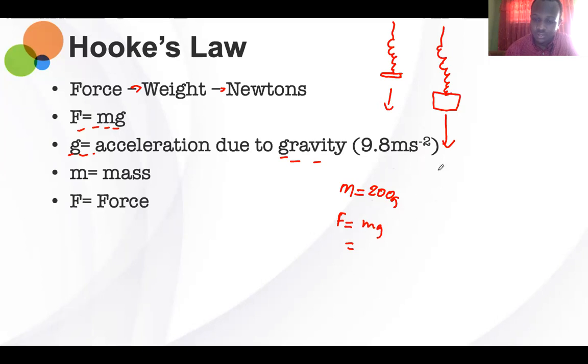So let's convert this now. 1,000 grams is equal to 1 kilogram, and we have 200 grams here, and we have x. So we cross multiply.